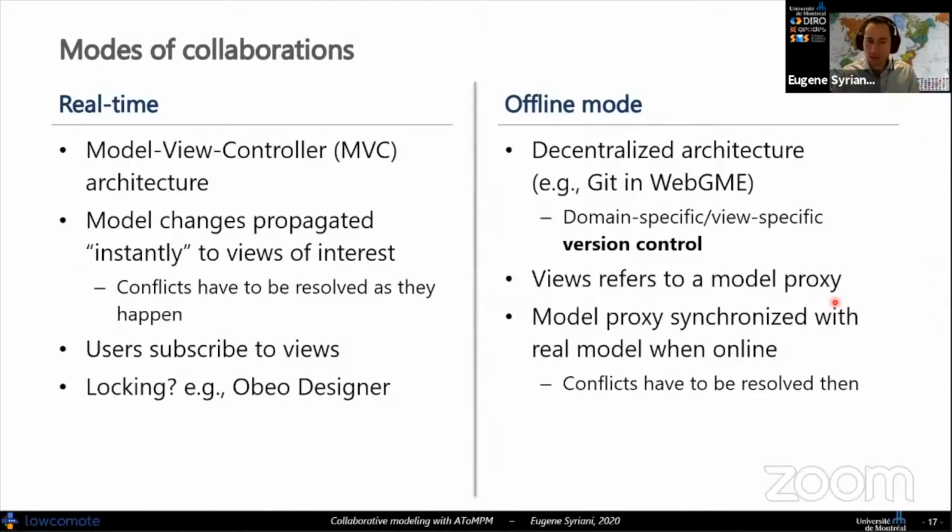So in this case, the views refer to a proxy model that is usually local to the session while you're working on the view. And when you decide to commit, or to save, or to push, then that's propagated to the central model. And so the conflicts only happen when you actually push there.